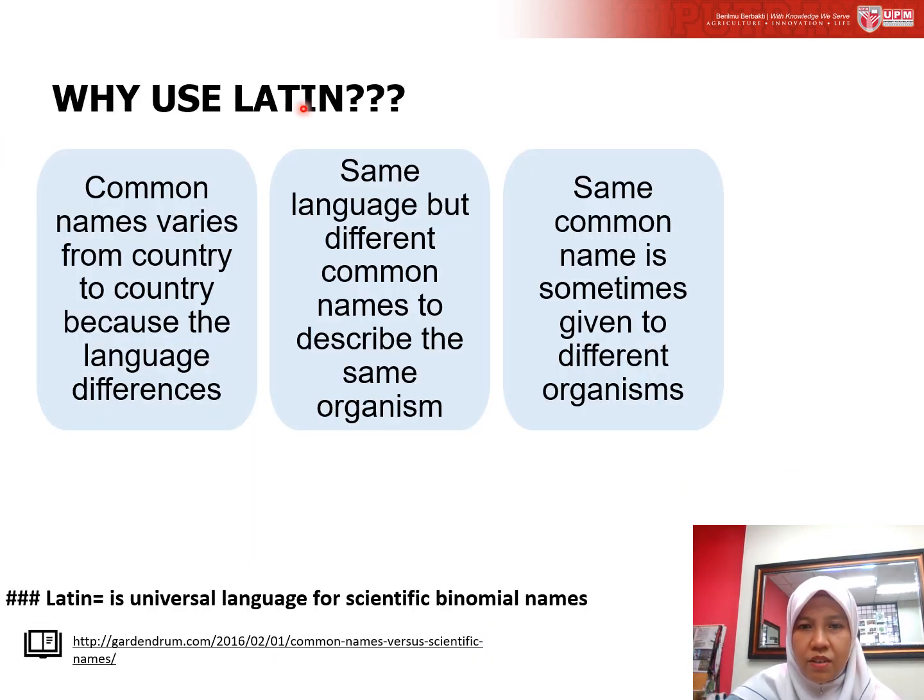Scientists use Latin rather than common names. So why do we use Latin? Firstly, common names vary from country to country, and that makes it difficult to refer to a very specific animal because the languages are different. Secondly, even in the same language there are different common names for the same organism.